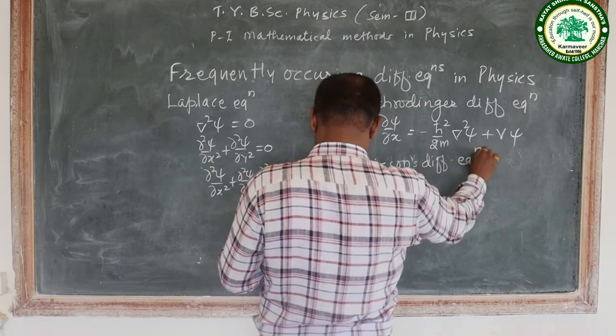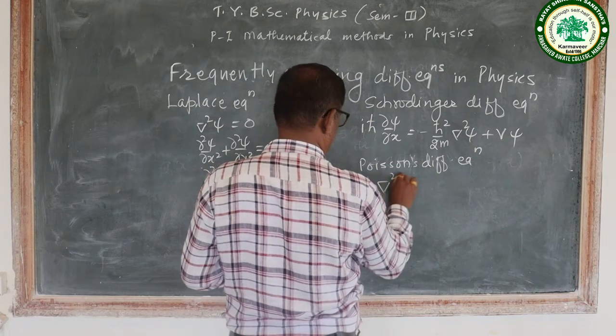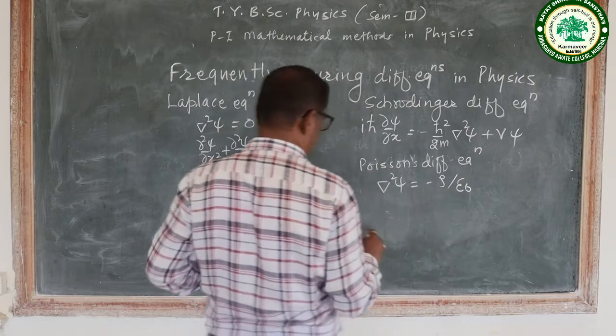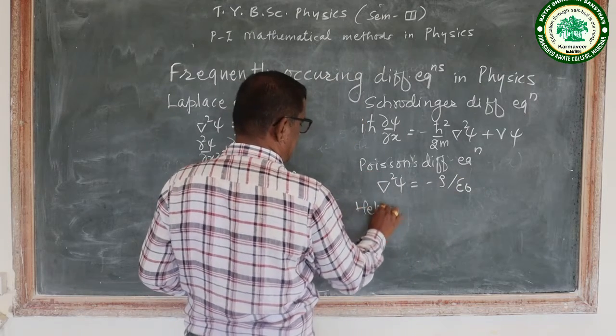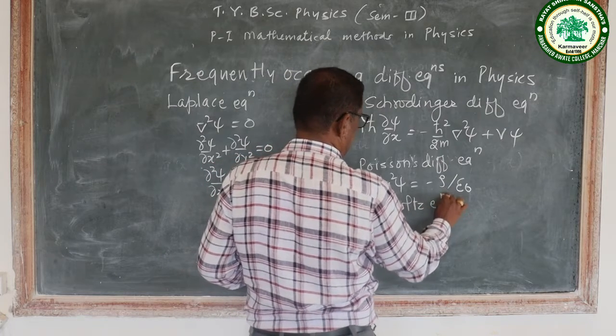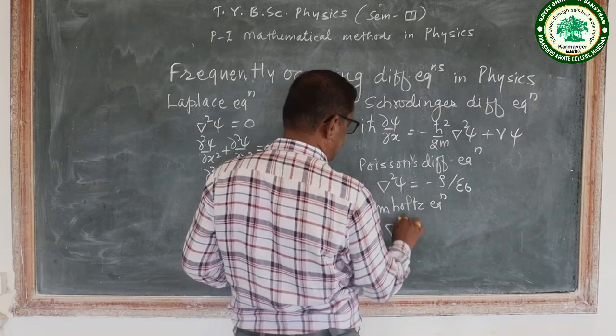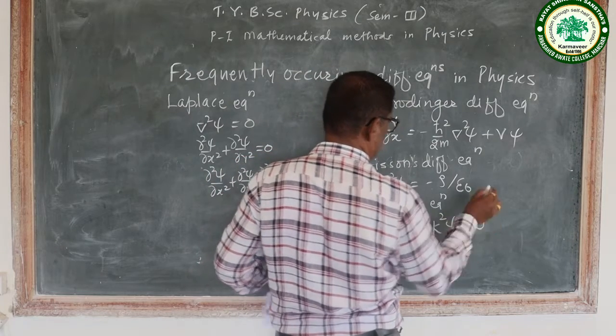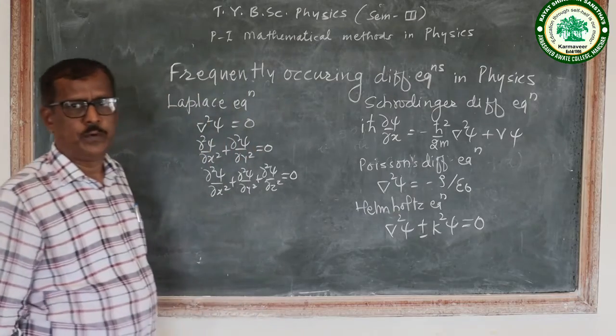differential equation, this is del square psi equal to minus rho by epsilon 0, and the Helmholtz equation, that is del square psi plus or minus k square psi equal to 0.